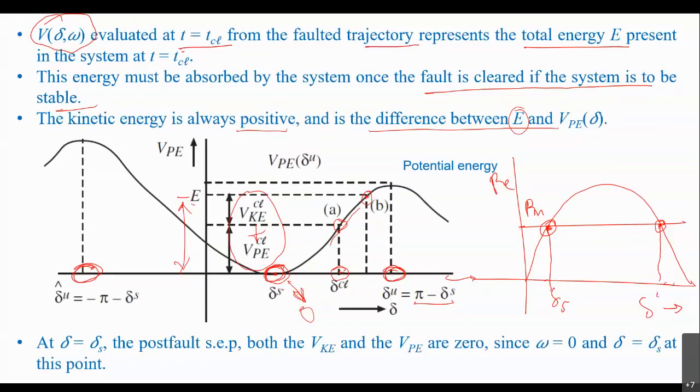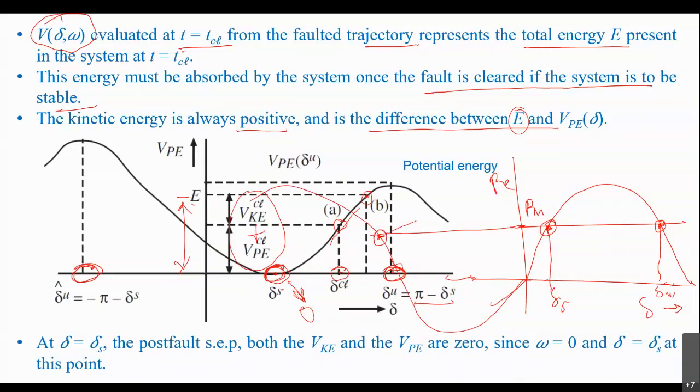So this is delta U. This is one unstable equilibrium point at the right. And similarly on the left also we have another unstable equilibrium point.